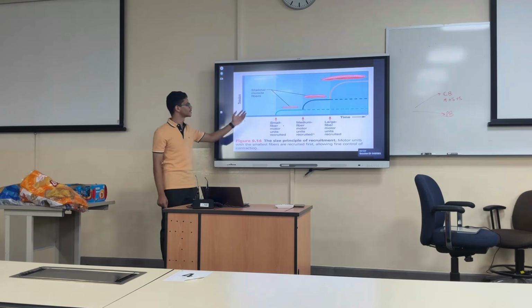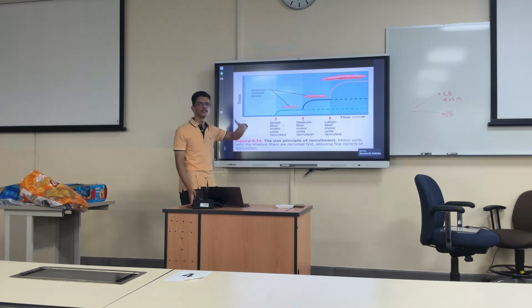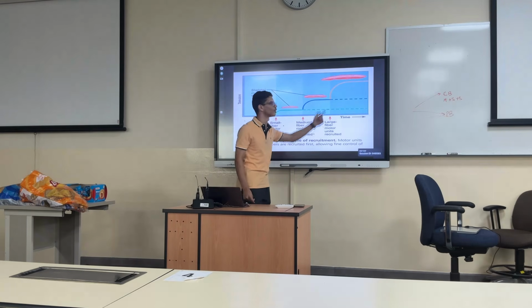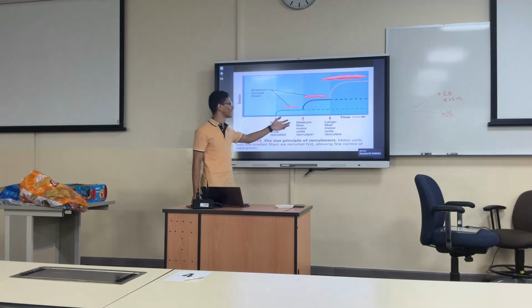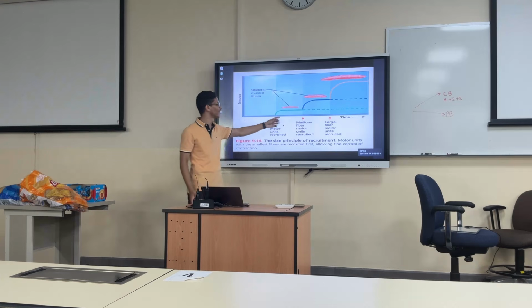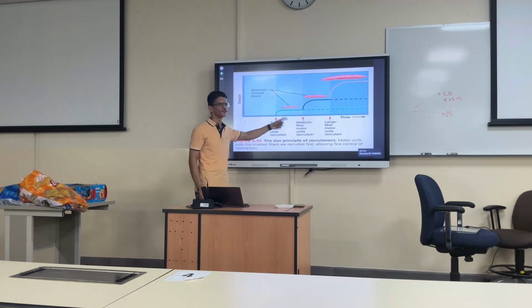Okay, so here is the size principle in a graph. You start with the smaller one. If you need a stronger contraction, you go to the medium-sized one and then to the largest one. You can also remember it with a small example, maybe like a fight. The smaller brother is highly irritable. Anyone in the street can make him feel angry. That's why he's highly excitable, but he is weak.